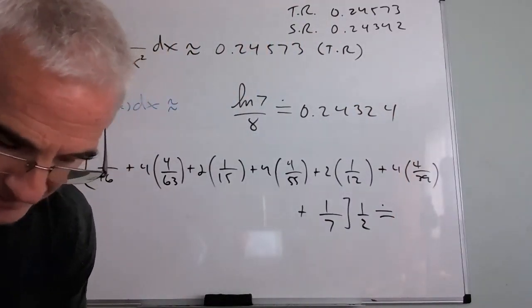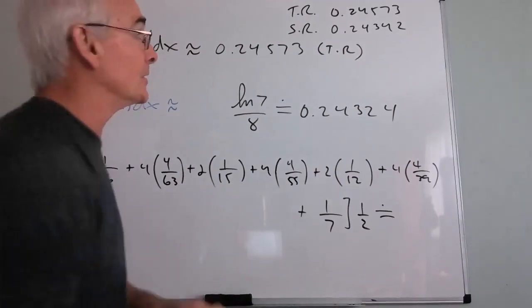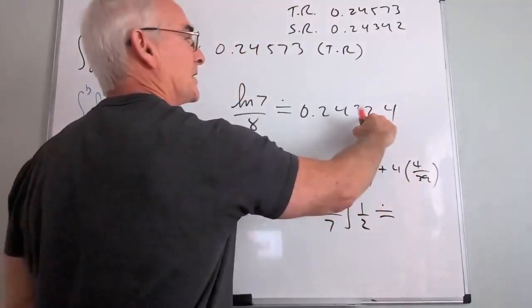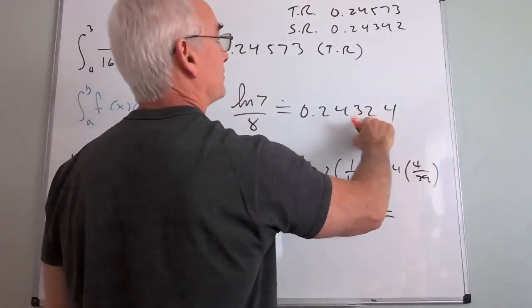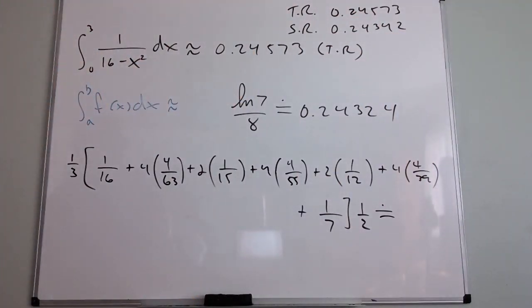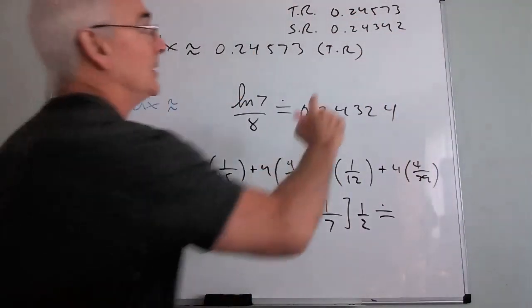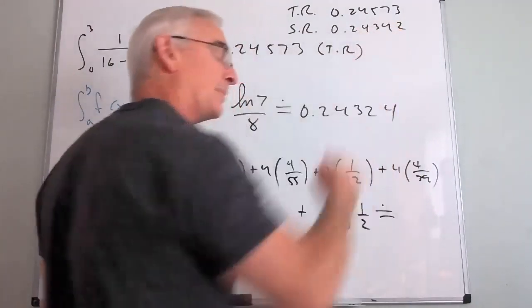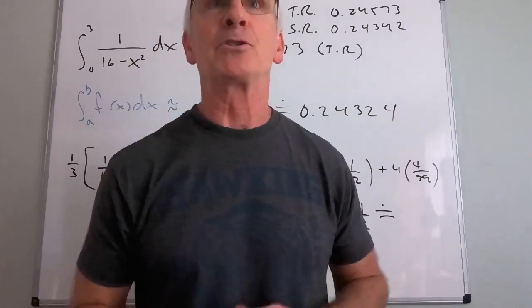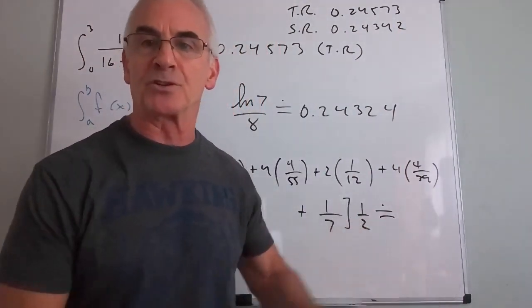You notice that the Simpson's rule calculation didn't differ until the 4th decimal place. The trapezoid rule calculation differed in the 3rd. Now, in both cases, they're ridiculously close, but this one is just a little bit closer, okay? I find in the majority of the problems that I do, Simpson's rule is usually a little bit closer.